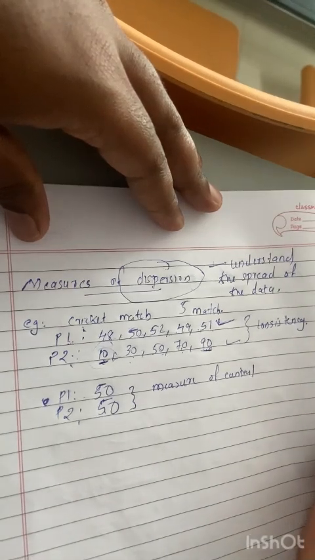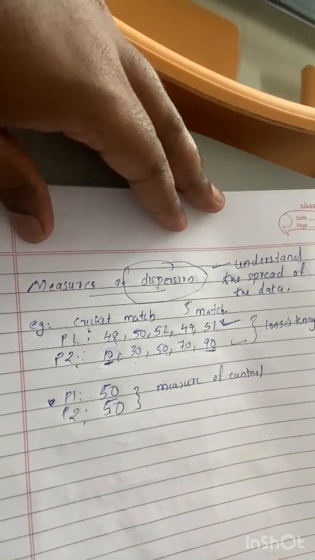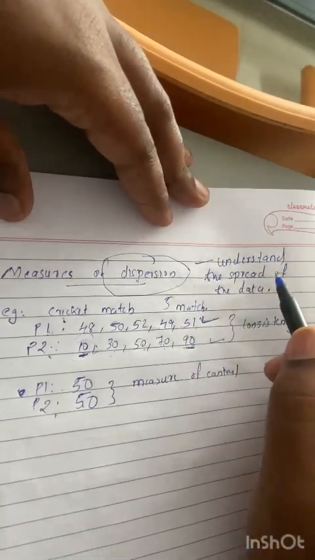Dispersion. Okay, so we'll move on to the definition of measure of dispersion. Same thing, only this is actually the definition.